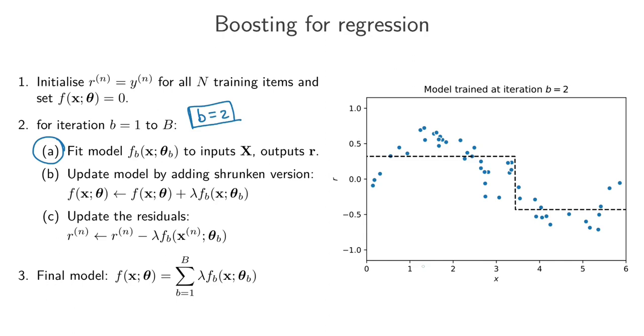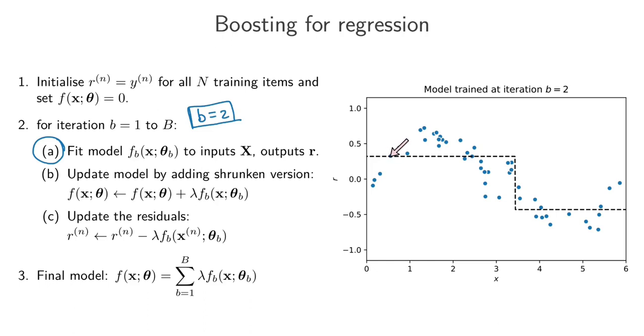What I've done on this plot is I've got again my inputs x, but instead of having y on this axis, I've instead plotted the values of r, the different values of the mistakes that I made. Let's look at the 4th training item.